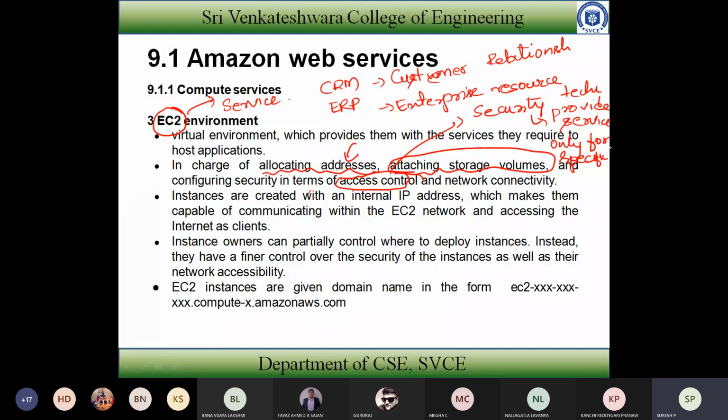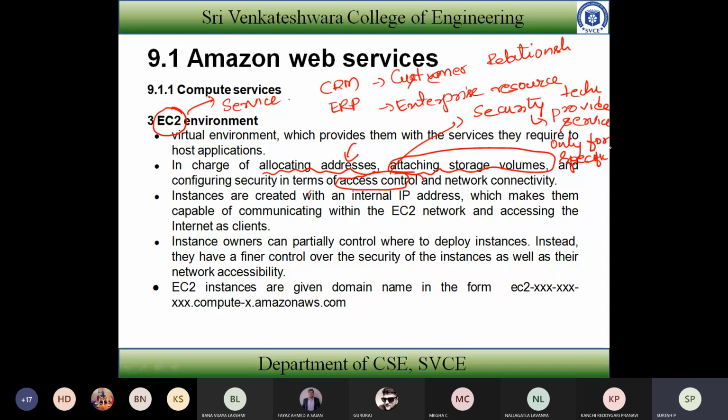So that access control is granted to the particular person who has to access the resources of the system. For that, you should have network connectivity. Whatever instances or virtual machines you create will have an internal IP address.